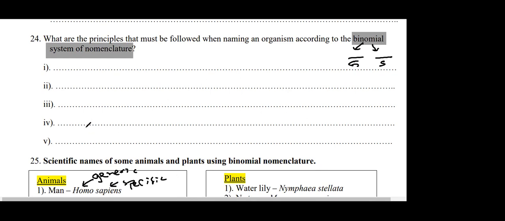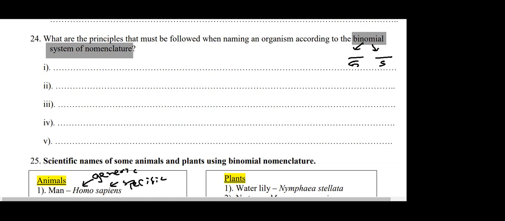And when handwritten, it should be underlined. And the other most important thing in a scientific name: the first letter should be capital, and all the other letters in simple.